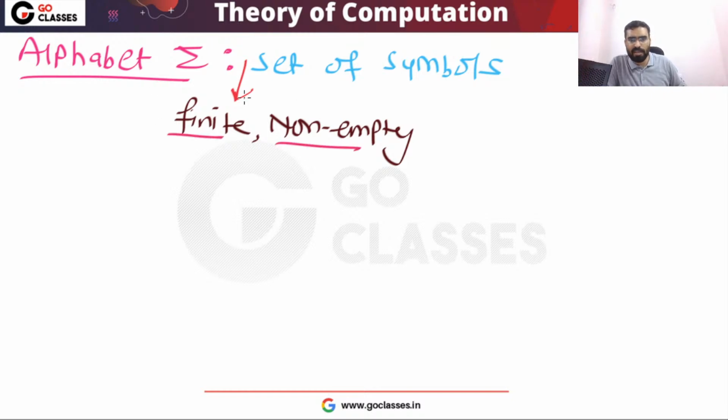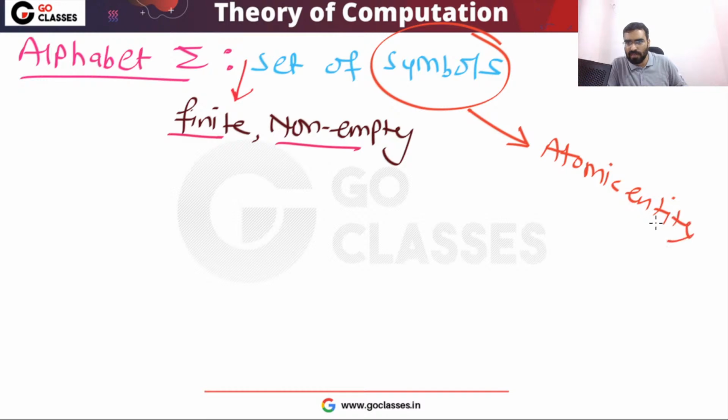But what is a symbol? Every symbol is an atomic entity of length 1. Correct? Atomic entity of length 1.